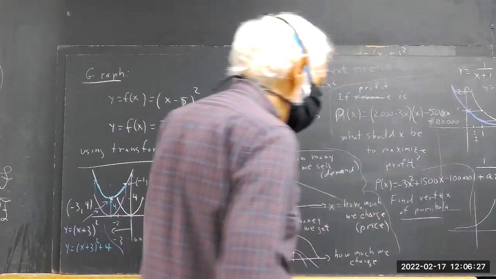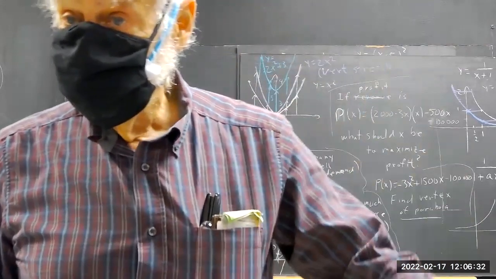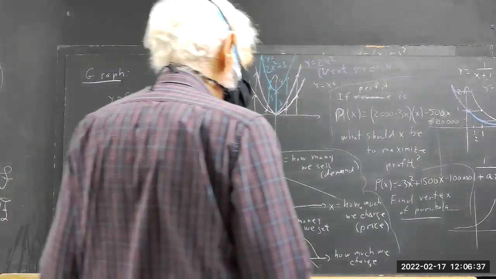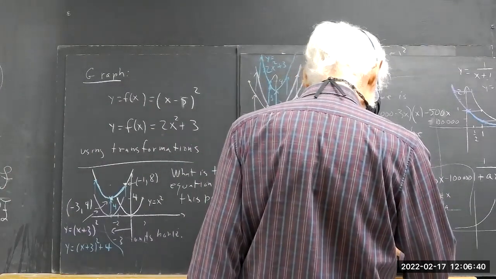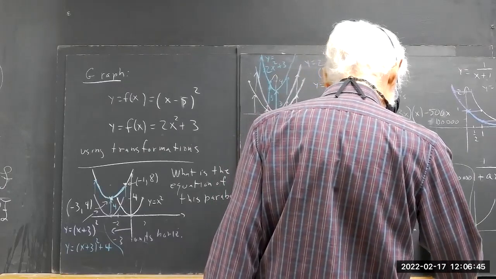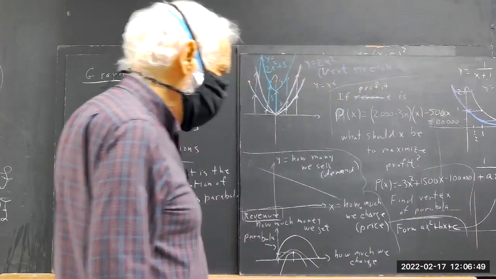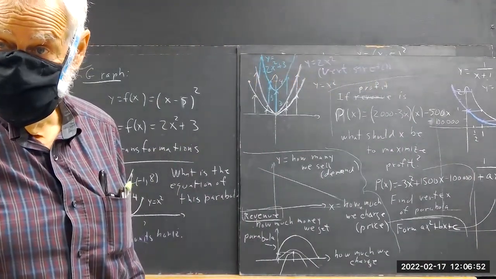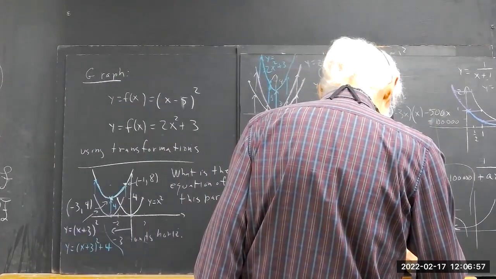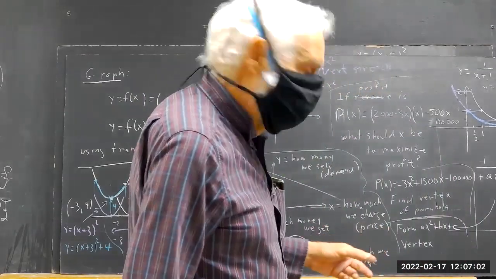This parabola, because this is a quadratic function, is recognized as ax squared plus bx plus c, right? The form of this is ax squared plus bx plus c. What we did last time, the vertex, what does the quadratic formula tell you?